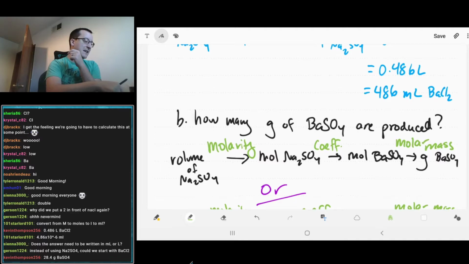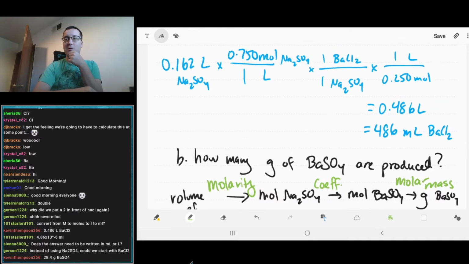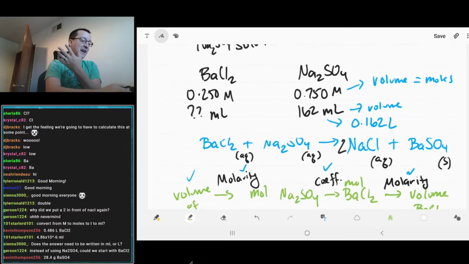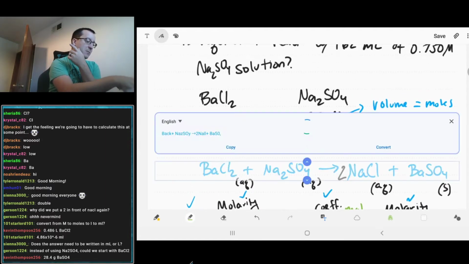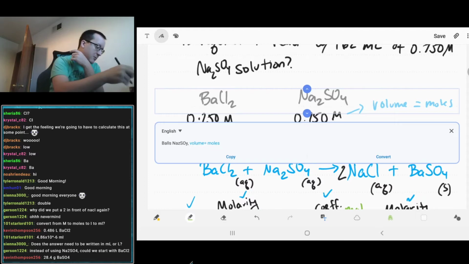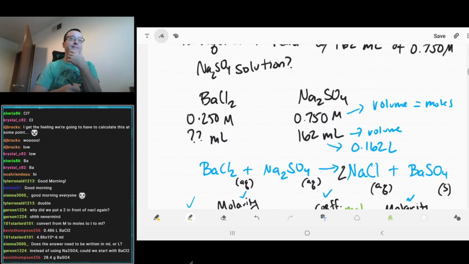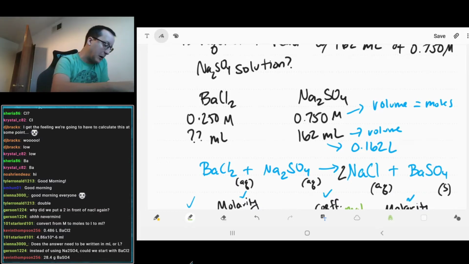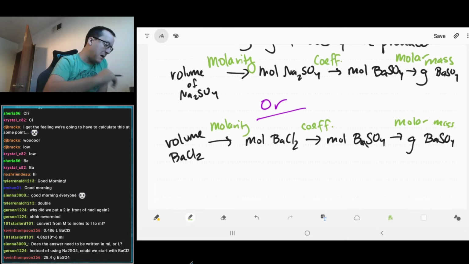While yes, we did find out the volume of barium chloride in the last problem, if we made a mistake somewhere in that, that might be carried along. So just to be safer, it's better to start with this one because those are the ones that are given to us already, just in case a mistake was made. However, if you are totally confident, go right ahead and use barium chloride instead. No problems. It'll work. All right, Kevin has already done the math for us.